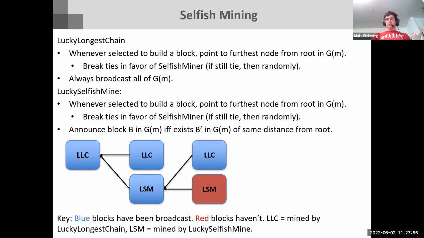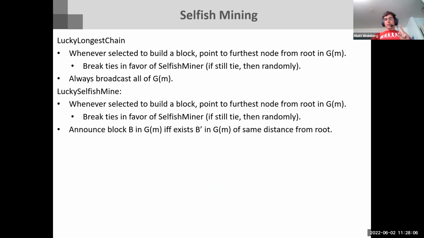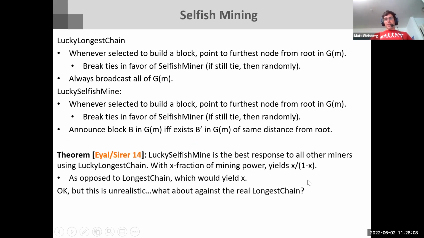Then someone else makes a broadcast. Before anyone else hears about that, you hear about it, broadcast your own, and then everyone else hears about you. So as long as you can do that, then you can get this X over 1 minus X, which is strictly better. And that holds for any X. You don't need it to be a third.